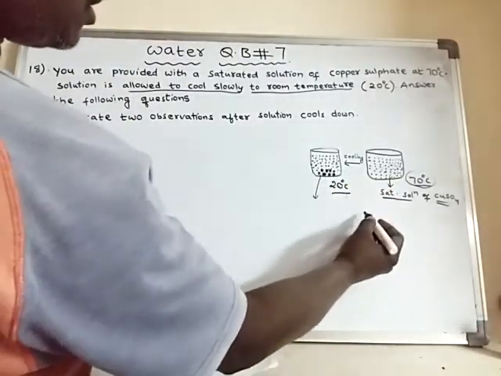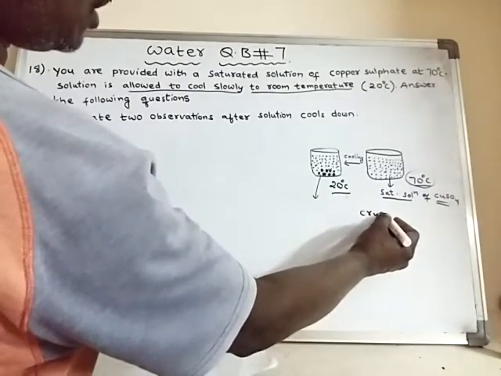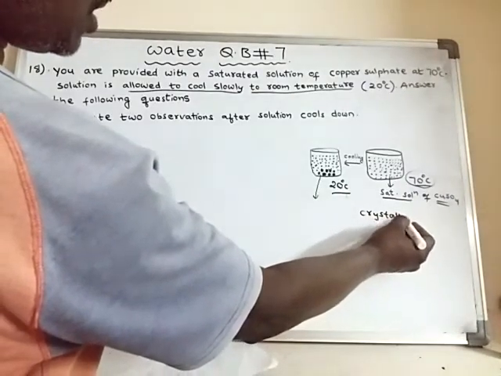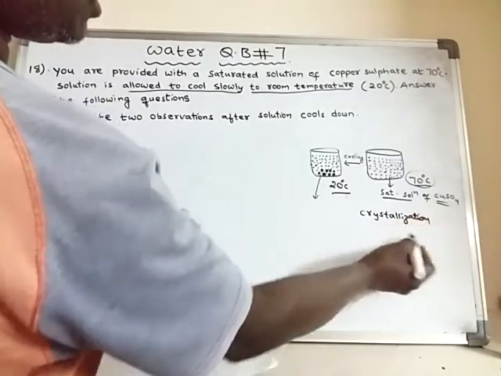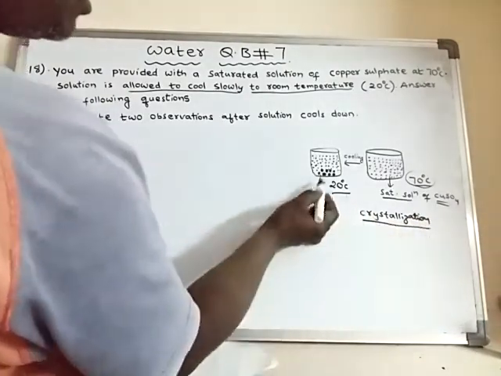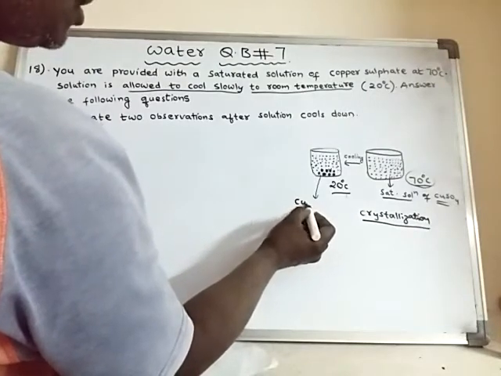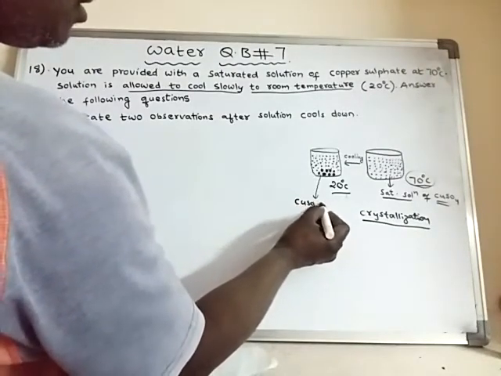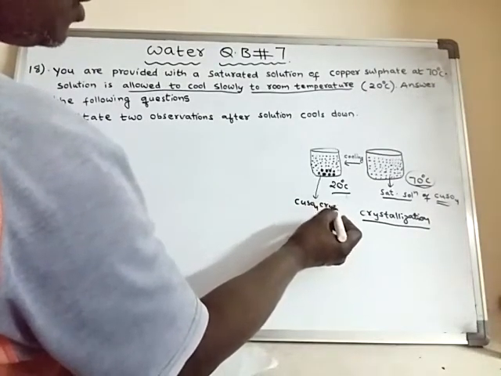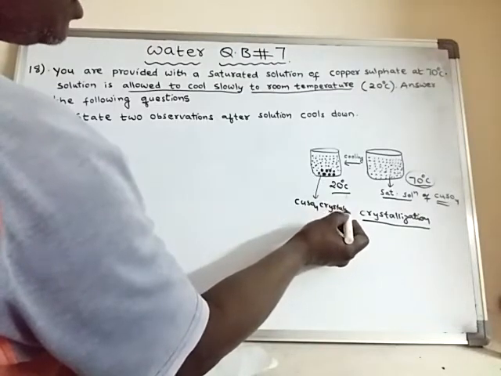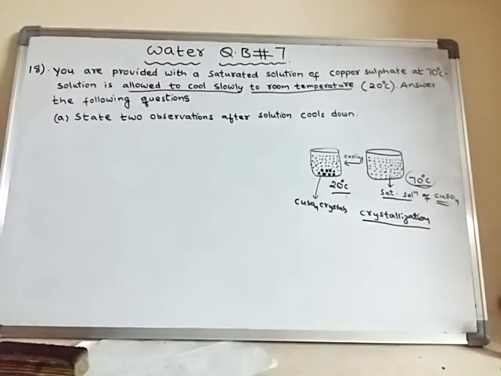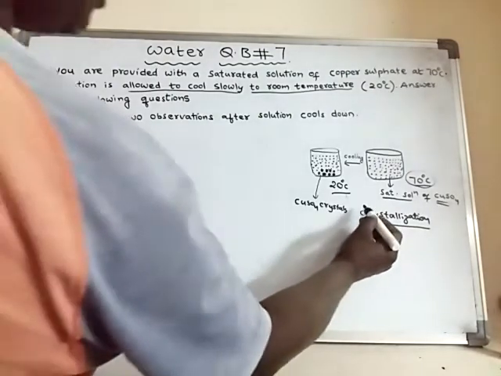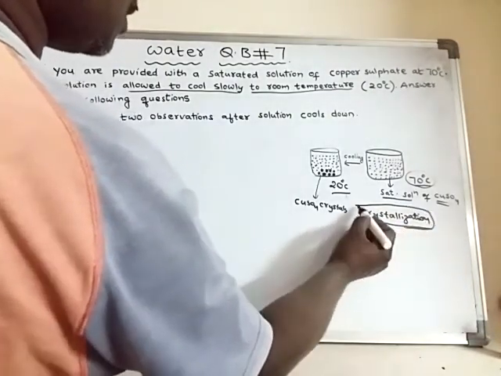So this process is known as crystallization, because crystals of copper sulfate are obtained from the saturated solution of copper sulfate.